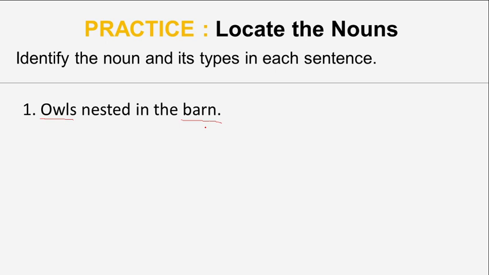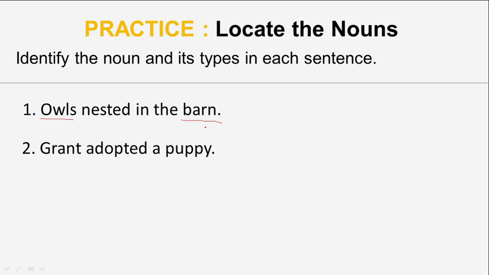Is it a concrete or abstract noun? It is concrete because you can touch it, right? Is it countable or uncountable? Very good, countable. How about the barn? Okay, same goes with owls. This is also a common noun, a concrete noun, and a countable noun.